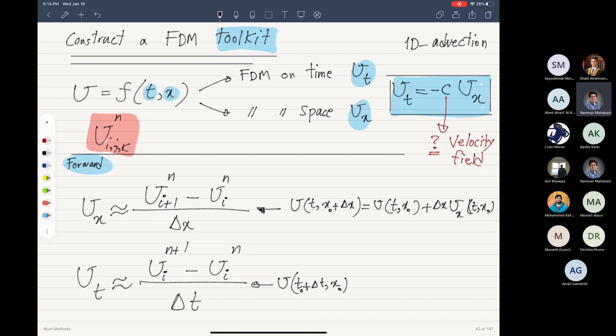So this is equal to u at t naught and x naught, plus delta t times u_t at t naught and x naught. So this equation is a discretized form of your Taylor series in time. And these two are the key.